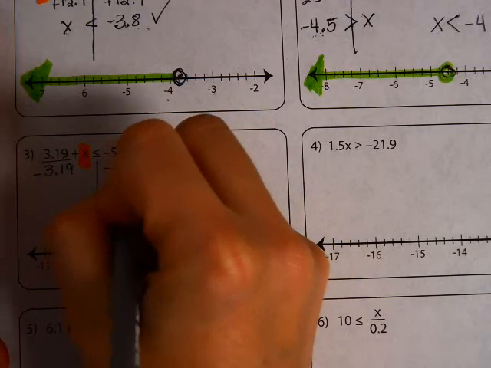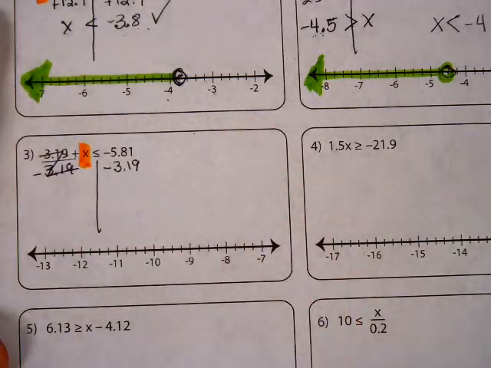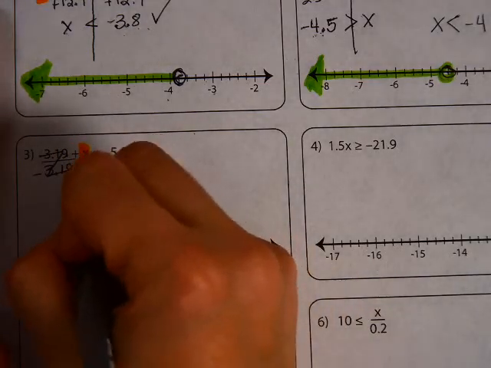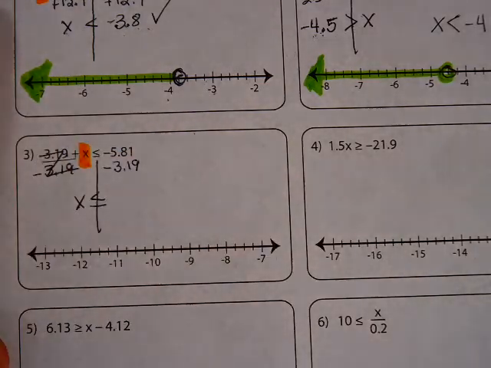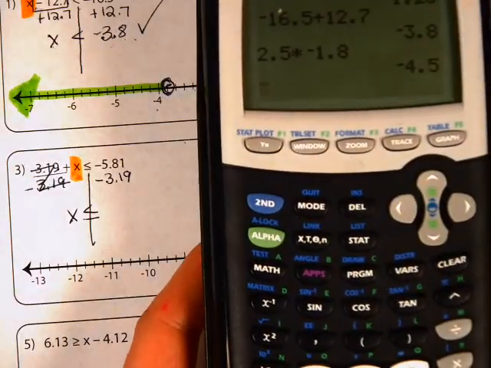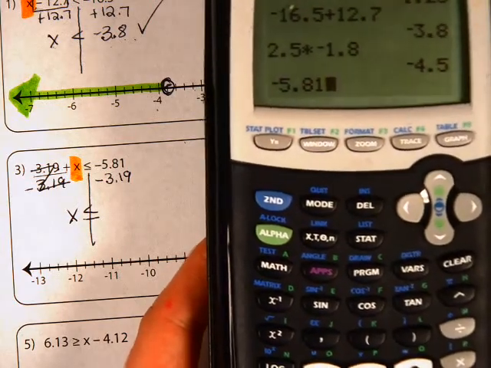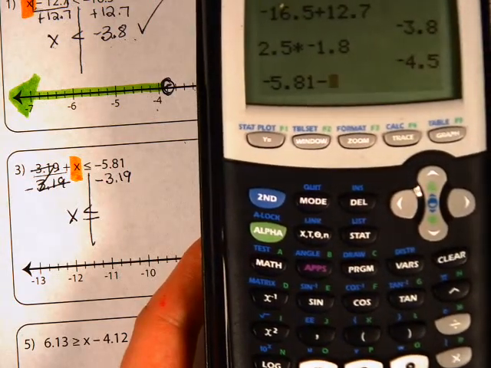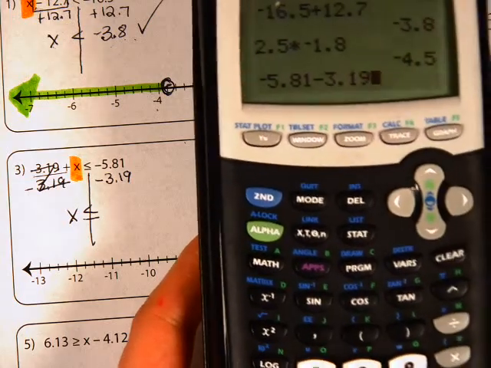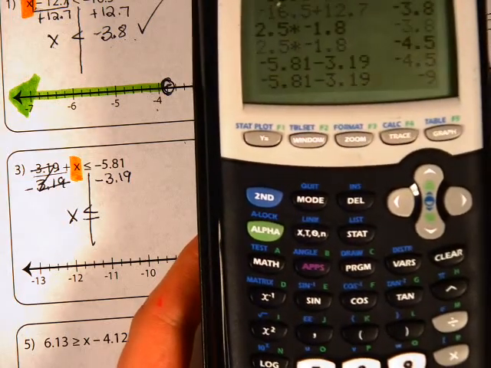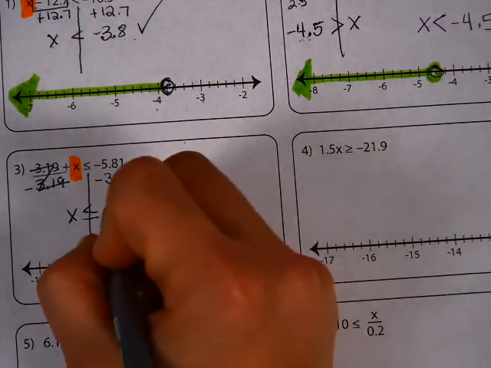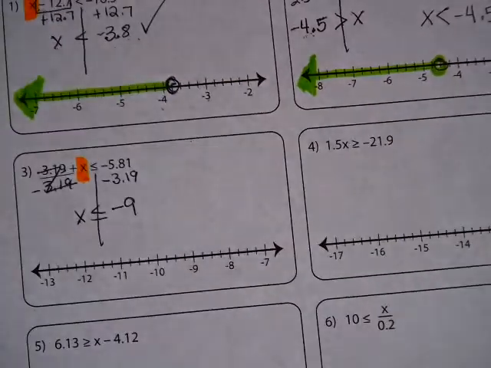So negative. These zero out. I don't want them. I'm still left with x, my inequality sign, and negative 5.81 minus 3.1, and I get negative 9.